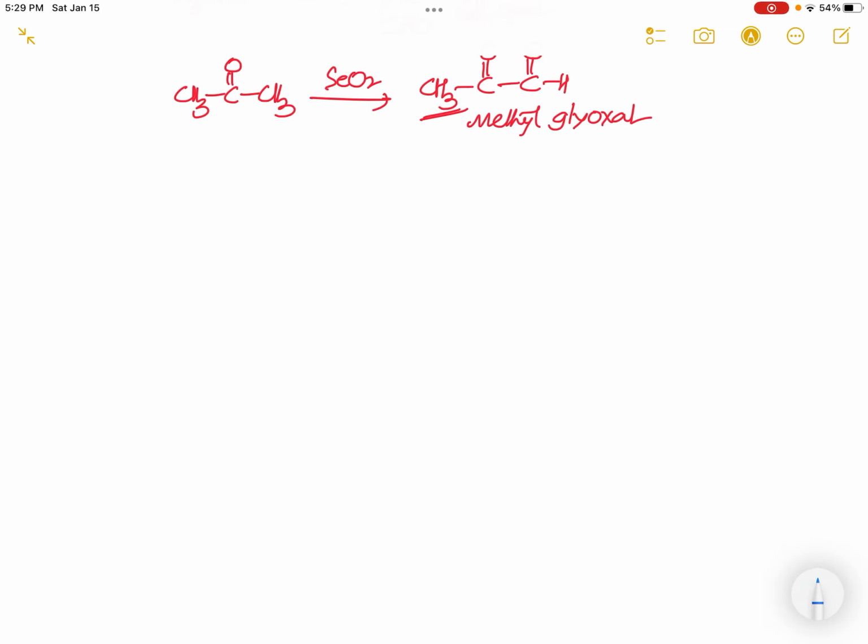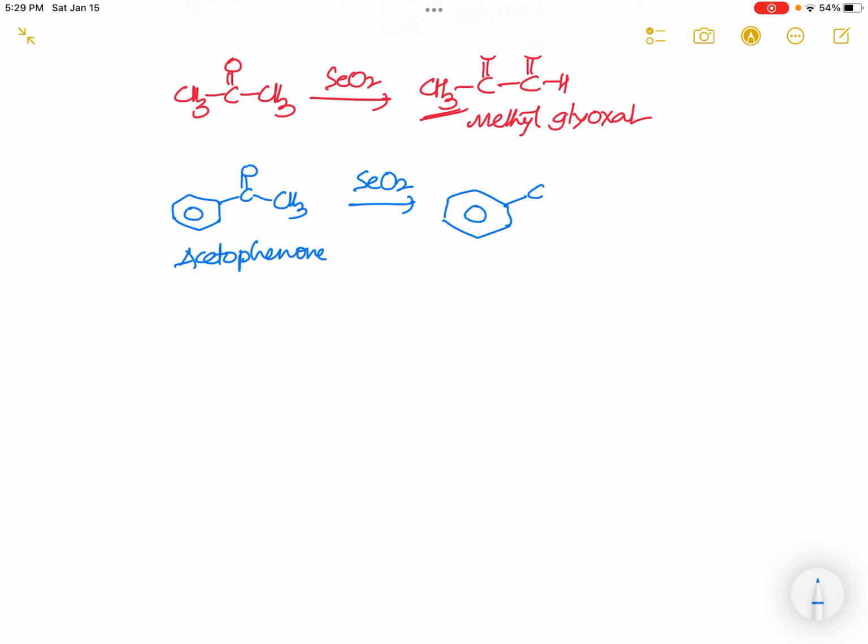Similar types of reactions you can take. If you have a phenyl group, C=O CH3, as we know, this is acetophenone, with selenium dioxide. The expected product is C=O, and this part is converted to aldehyde.